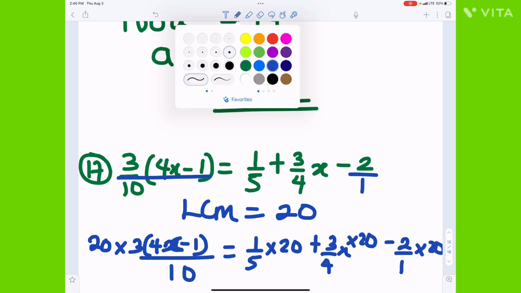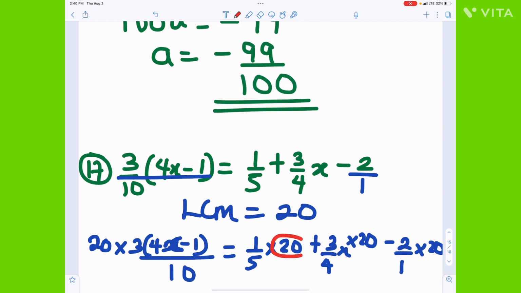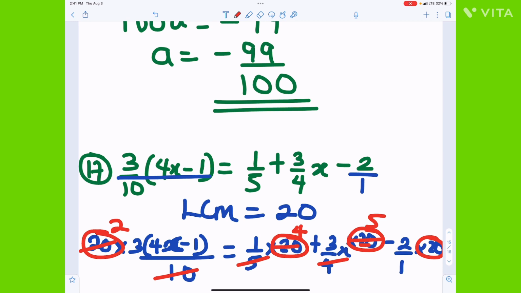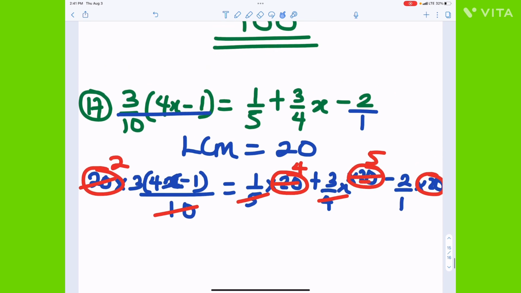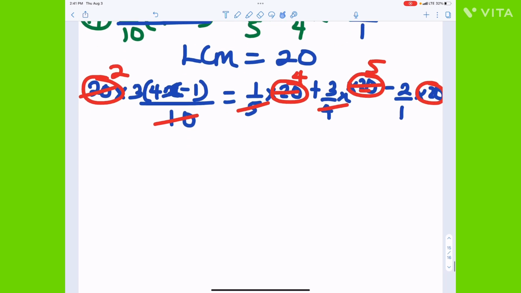Take note that this 20 is the denominator I'm using to multiply each one. So 10 here 1, 10 here 2. 5 here 1, 5 here 4. 4 here 1, 4 in 20, 5. So my next step will be equal to 6. You know how I got 6? 2 times 3 is 6.